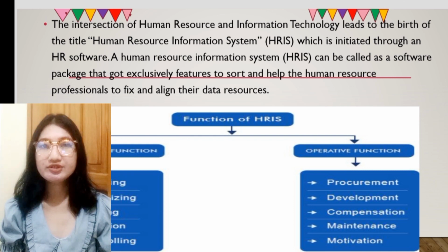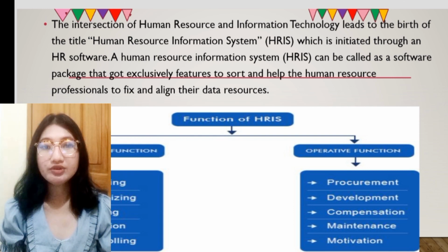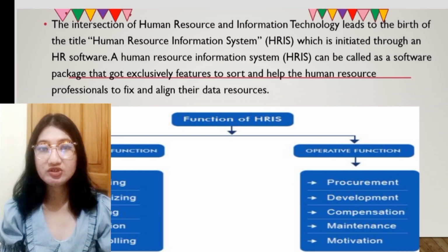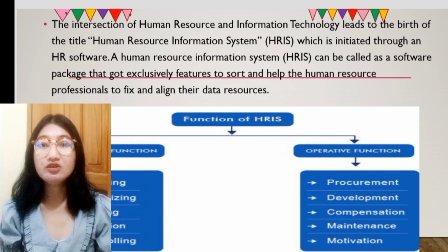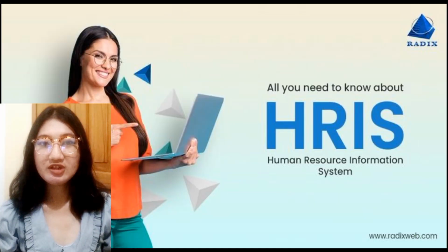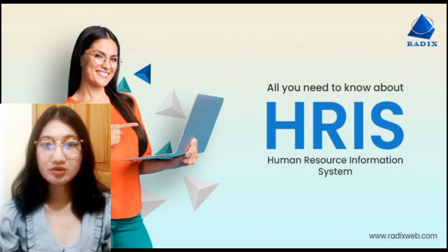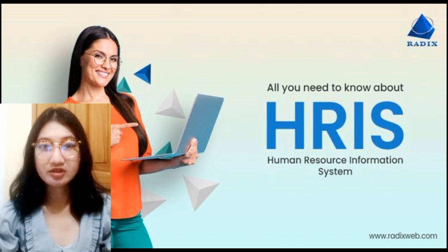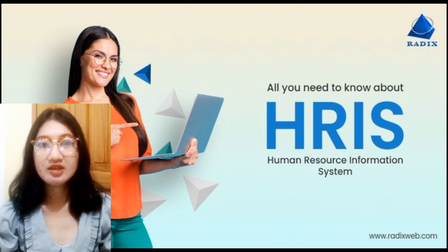A human resource information system can be called a software package that has exclusive features to sort and help human resource professionals to fix and align their data resources. So, the role of an operational HRIS system is to collect and report human resource data such as employee records, position details, and performance appraisal information.